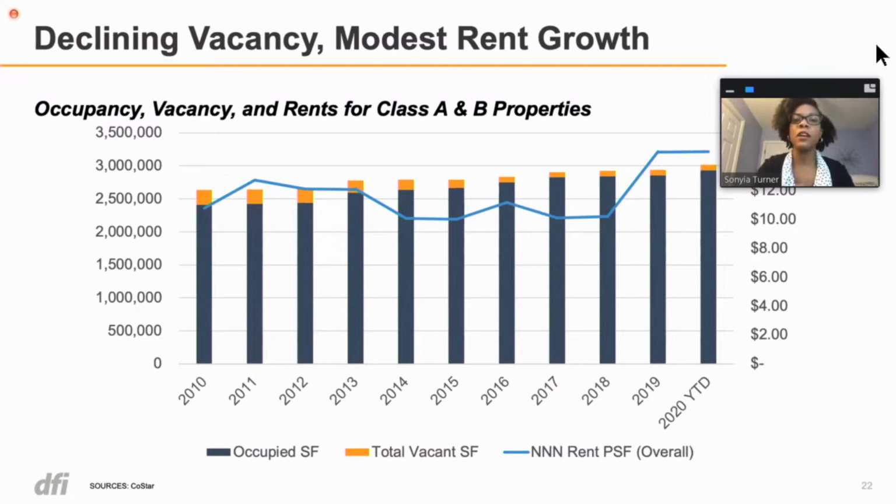So the main takeaways with the retail market is that there's declining vacancy and there is some modest rent growth happening. But most of that growth happened since 2018, and it's been about 5% when adjusted for inflation.